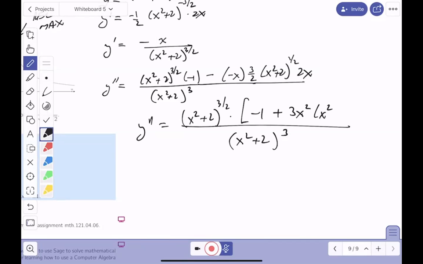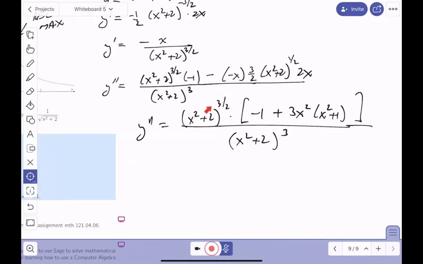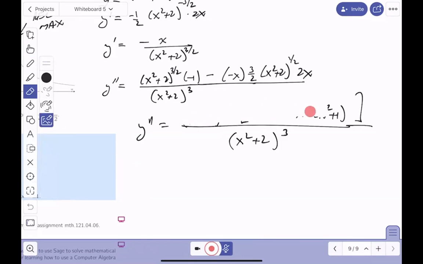Let's see, that'll be the first power. Let me see if that's true. It's always tough to do algebra, isn't it? So I get the first term, second one, the 2's cancel, I get 3x squared, and x squared plus 2 to the 3/2. No, that's not a good idea. Let me erase. I made a mistake there. Get my eraser out. Nice try, but it didn't work.